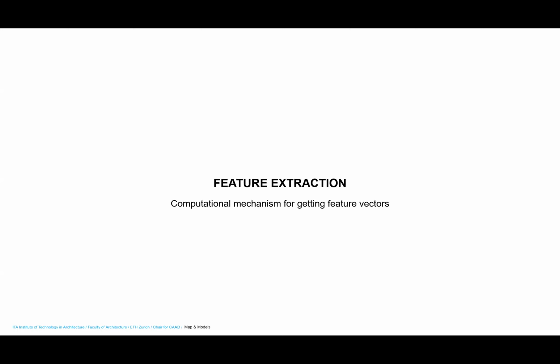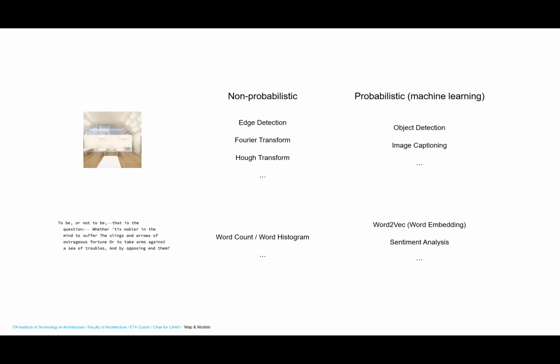And then feature extraction is the mechanism of how we calculate these vectors. And here I list the names of different ways of calculating these vectors, but we will not go into too much detail on each of these methods because we are not learning algorithms here.